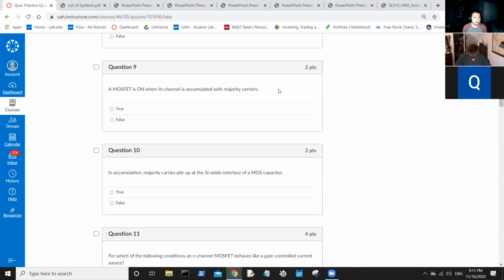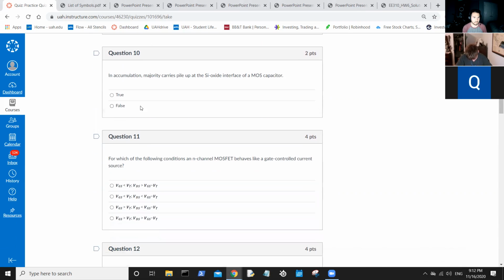There's a couple of questions later on that are referencing accumulation conditions, including one that's talking about the off and on conditions. Oh, there's literally an accumulation question next. So I'll be able to address this one again a little bit later on. But for now, I'm pretty sure the MOSFET is in fact on when it's accumulated with majority carriers.